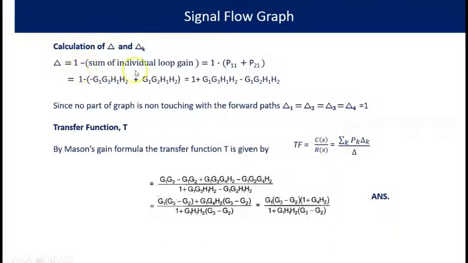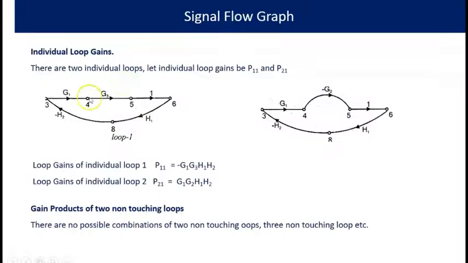That is 1 minus the sum of individual loop gains. Loop gains only, as there are no non-touching loops. So this is equal to 1 minus the two loop gains: G1, G3, H1, H2 with minus sign, then G1, minus G2, H1, minus H2.